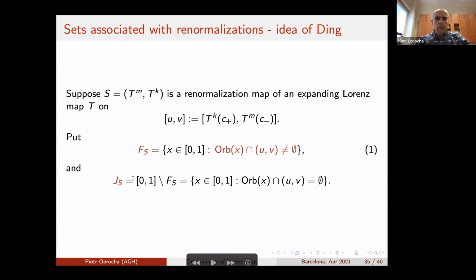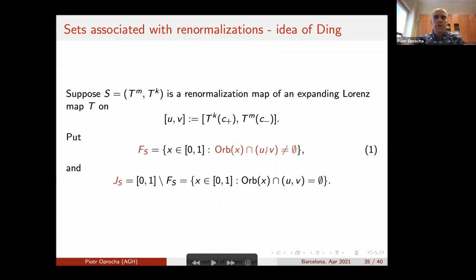That way he defined JS, which should be the set used for defining this renormalization. That was a very sketchy idea of the proof of what he was trying to do. So the first step was looking at that set.